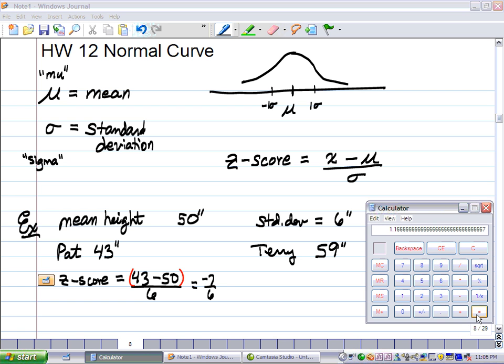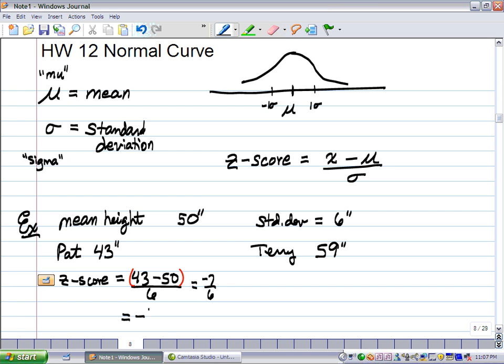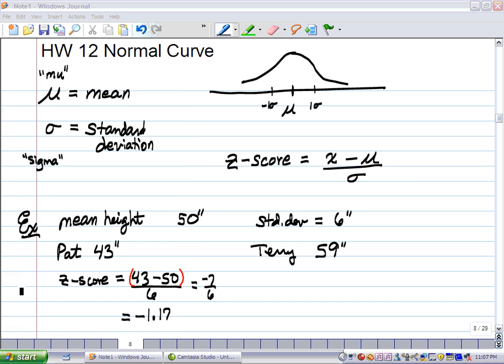When we get our numbers, we're going to round to the hundredths place. So I'm going to put negative 1.17.